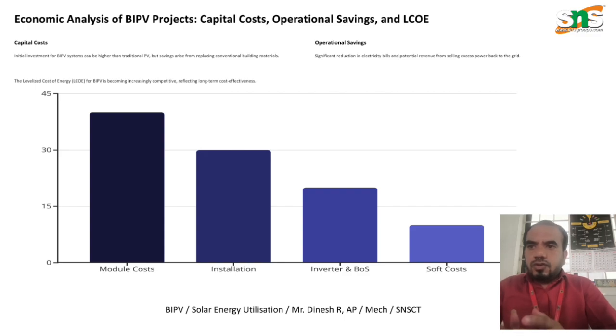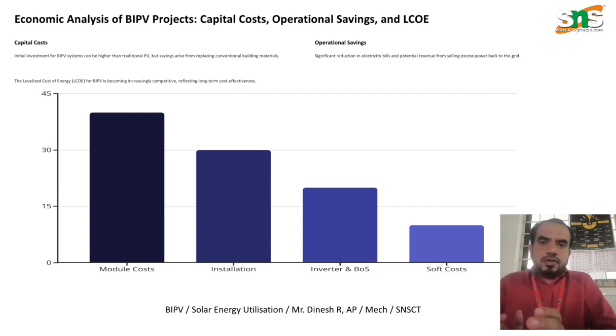As we see in this graph, we can clearly identify the capital cost, operational cost, and LCOE cost. The module cost is high, and the cost decreases drastically for installation, inverter, BOS and soft cost.